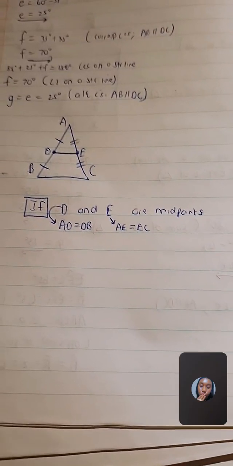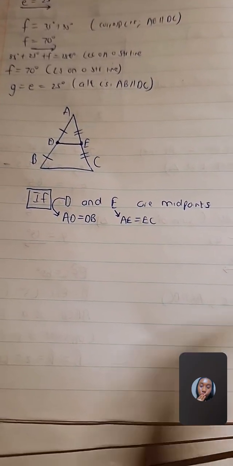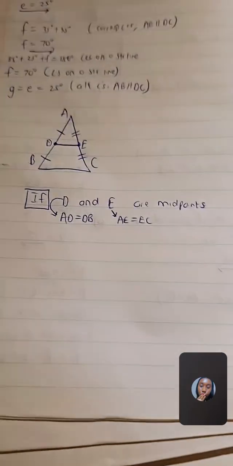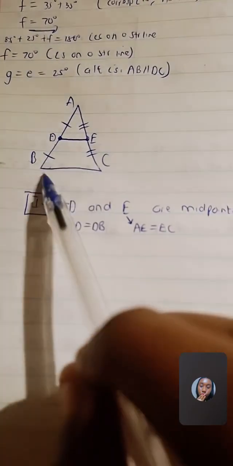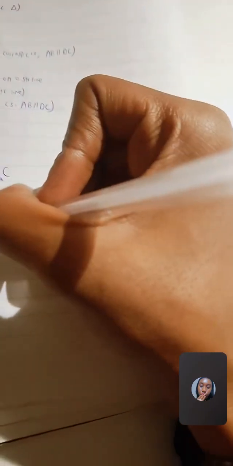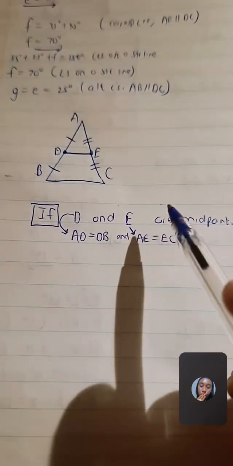Remember guys, what are the two conditions? Honesty and beauty. Okay, hold those two. If D and E are midpoints, in other words, if AD is equal to DB and AE is equal to EC, then what?